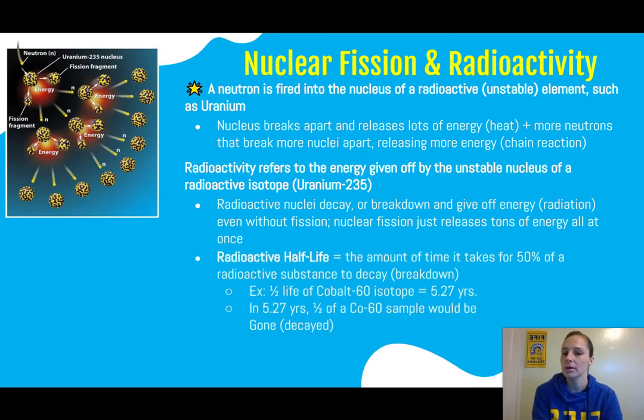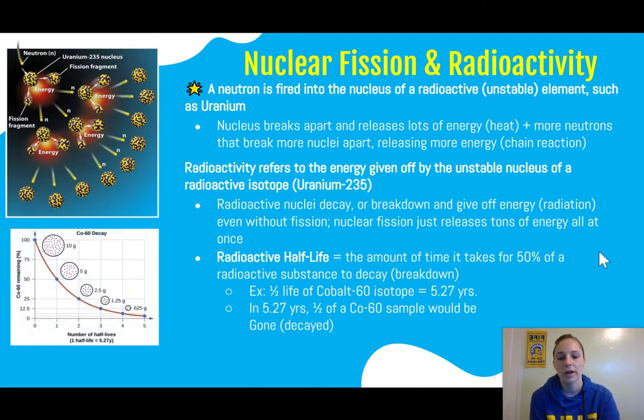Another term you should be aware of is radioactive half-life. This is the amount of time it takes for 50% of a radioactive substance to decay, to break down. For example, the half-life of a cobalt-60 isotope is about 5.27 years, which means that in 5.27 years, half of a cobalt-60 sample would be decayed.